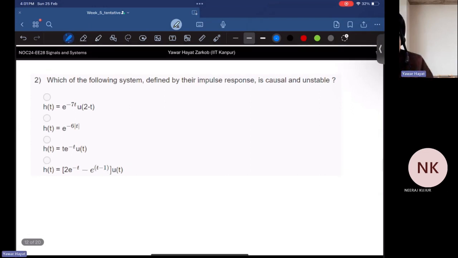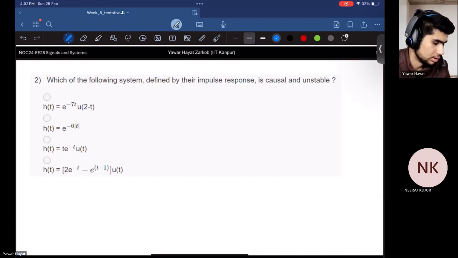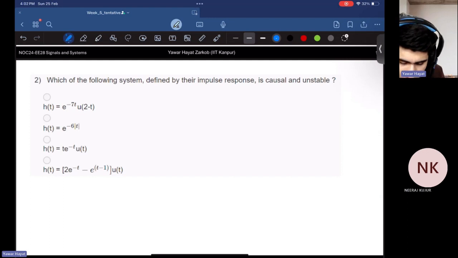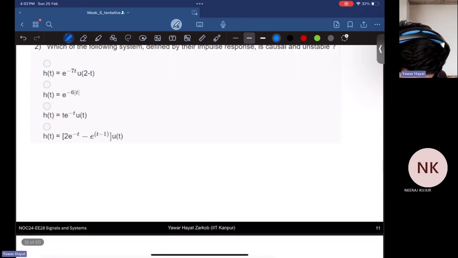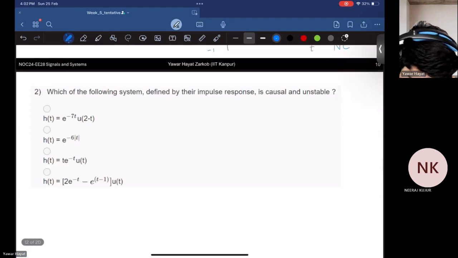Okay, now the second question. Which of the following systems defined by their impulse response is causal and unstable? Firstly, you'll need to plot all of them, right? Let's try to plot.